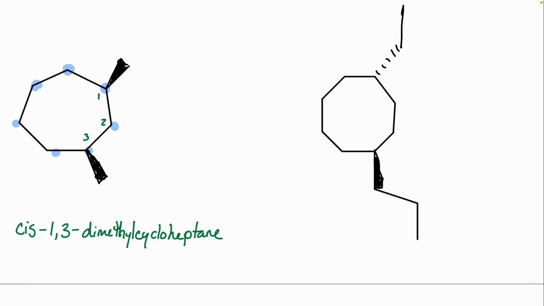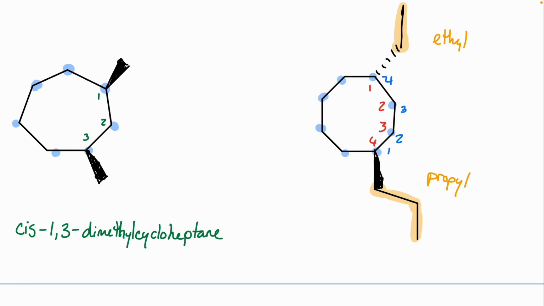All right, and then our last one here. Now we have a 1, 2, 3, 4, 5, 6, 7, 8-sided ring here. So that would be a cyclooctane. We have this 2-carbon group and this 3-carbon group, so an ethyl and a propyl. And again, we're in that situation where depending on where I start, I'm going to get a tie in my numbering scheme.